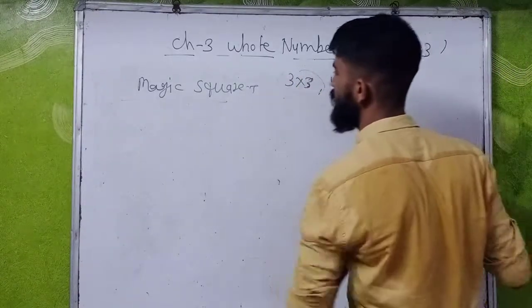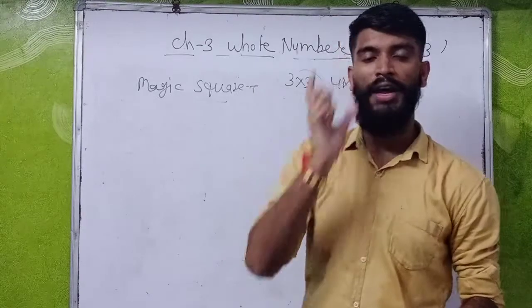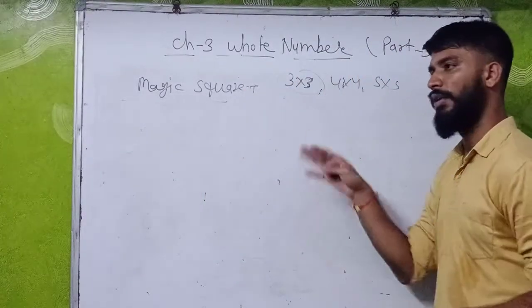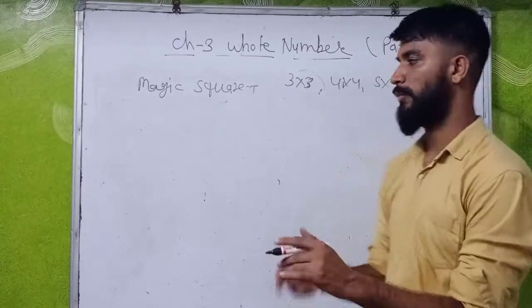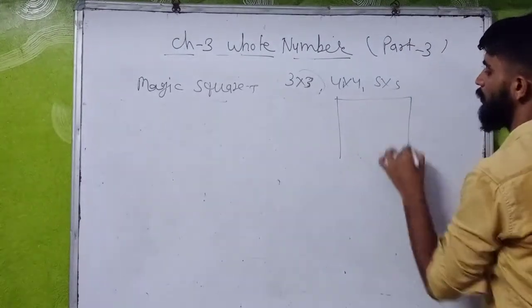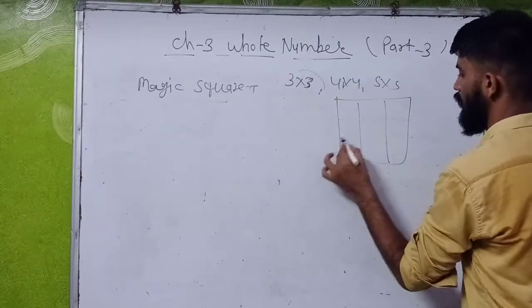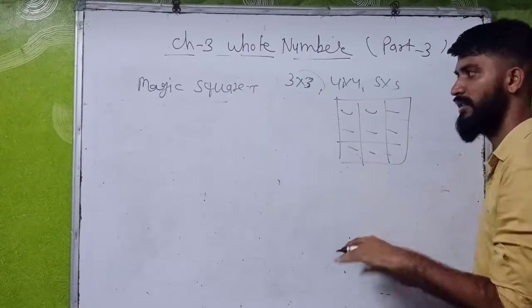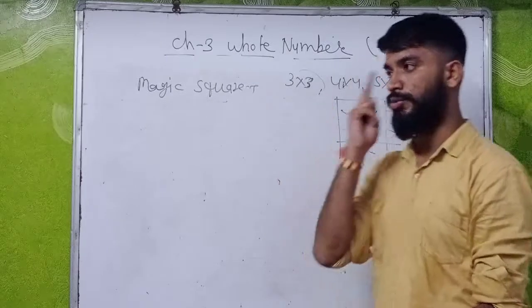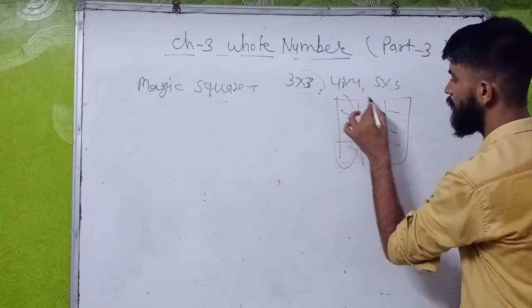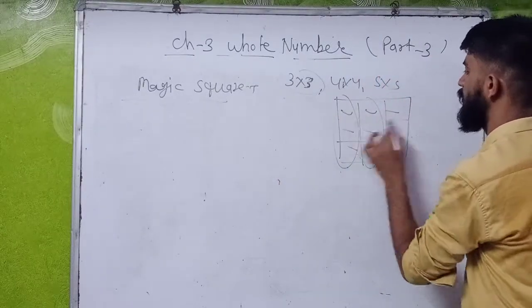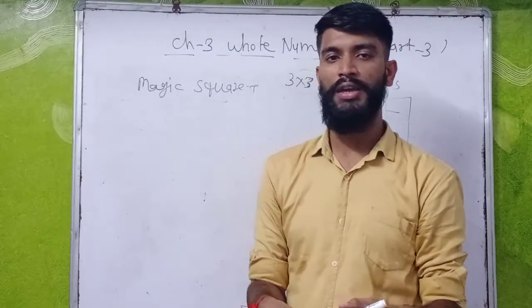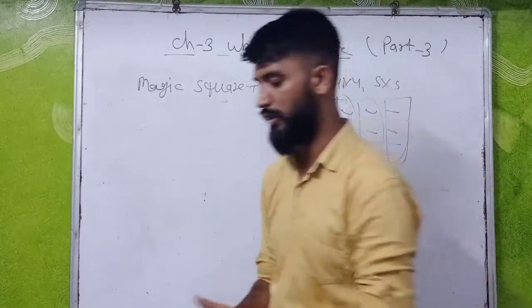But in our syllabus, mostly 3 by 3 and 4 by 4, so we have to focus only on 3 by 3 and 4 by 4. It is the same process, no problem. So this is 1, 2, 3, 4, 5, 6, 7, 8, 9, a 3 into 3 magic square. Now if we add each column and each row and the diagonals, and the answer is the same, then okay. Otherwise this is not a magic square.